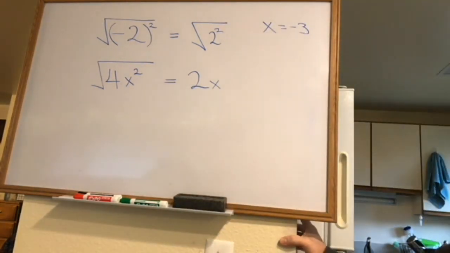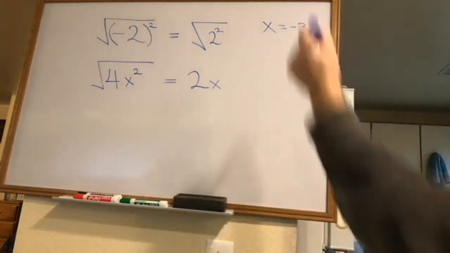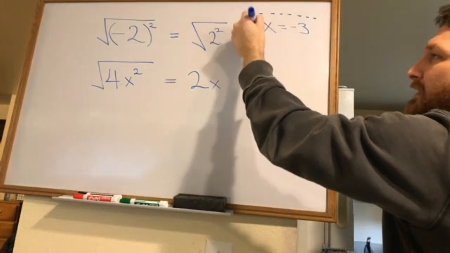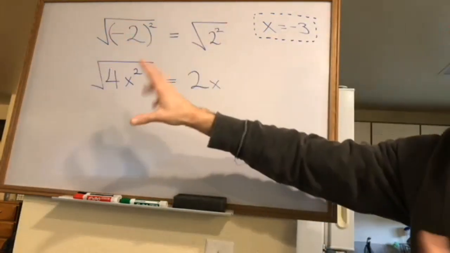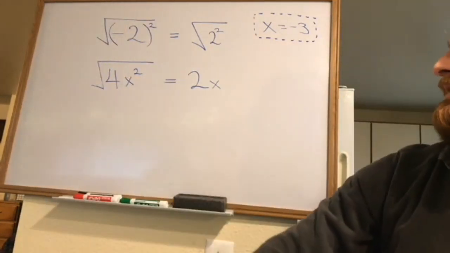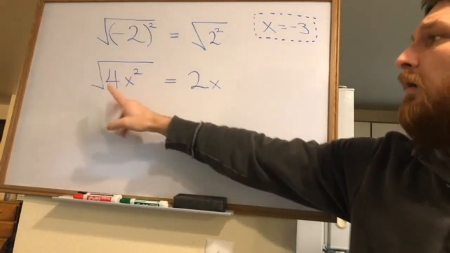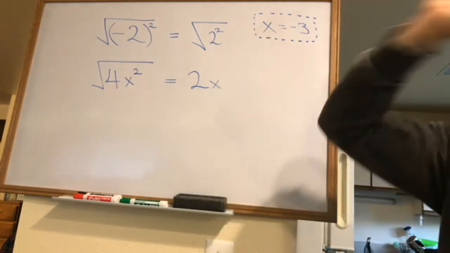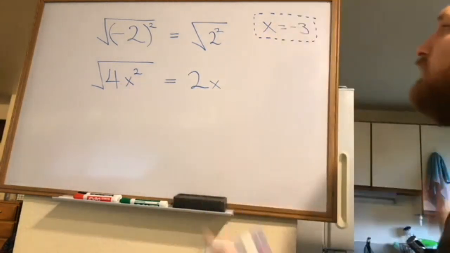Well, then that doesn't really work. What I'm getting at here is, let's say you're doing some work on a problem and you have a bunch of different steps that you're working on. Somewhere along the line, you have this. And so you say, oh, this right here is just 2x, okay? And so then you do some work later and you find, oh, x equals -3.